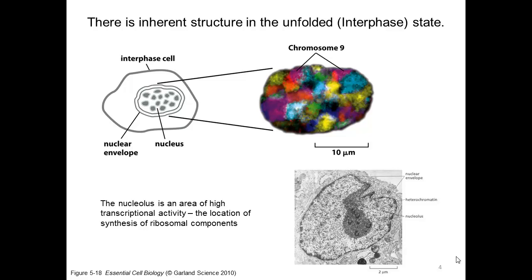On this slide, you can see a detailed image of an interphase nucleus where the chromosomes are at their most unwound. Even in this state, you can see there is some structure with the way that the chromosomes are organized in the nucleus. Different colors indicate patches where a particular chromosome dominates.